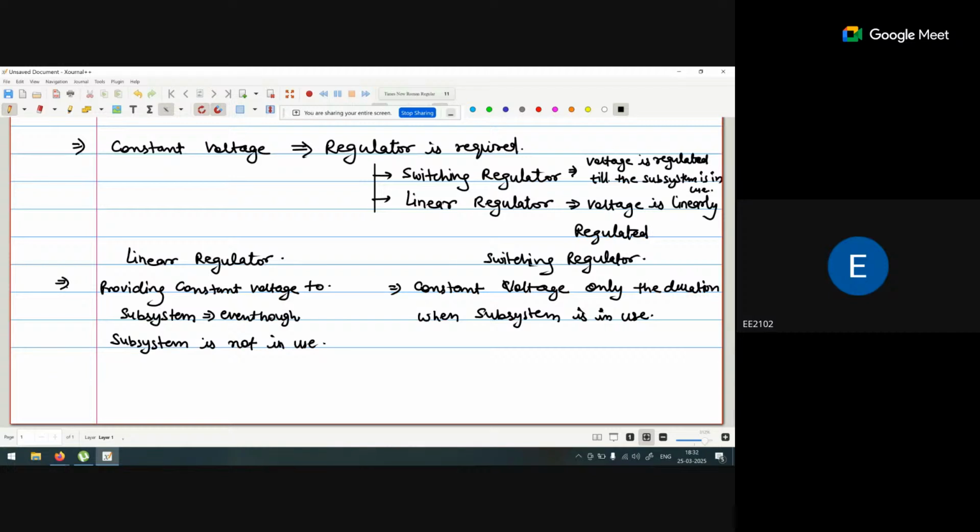So it will be providing me the constant voltage, while any subsystem or component is idle, it will drop down the voltage. Okay, so there are two types of regulators.